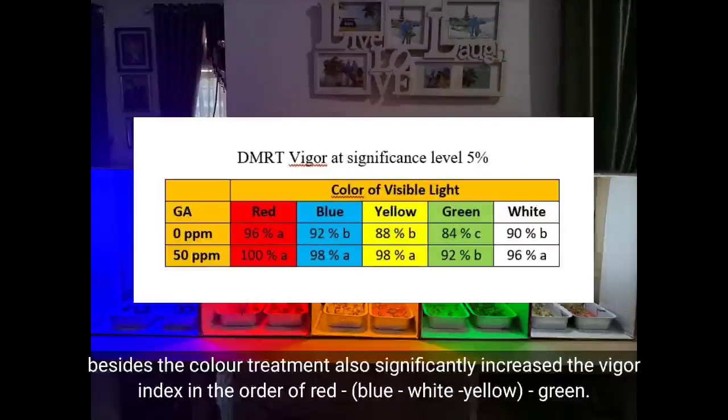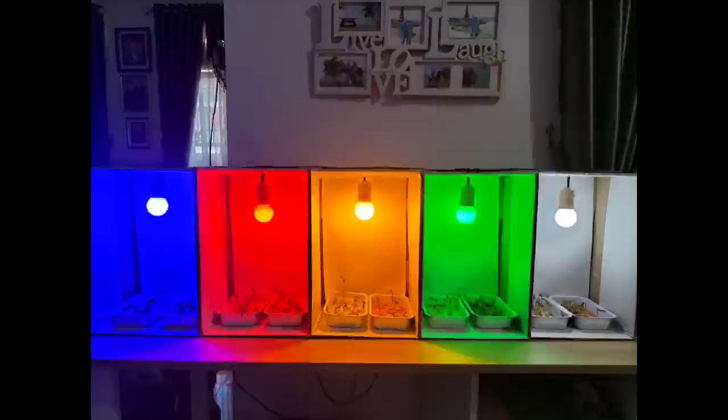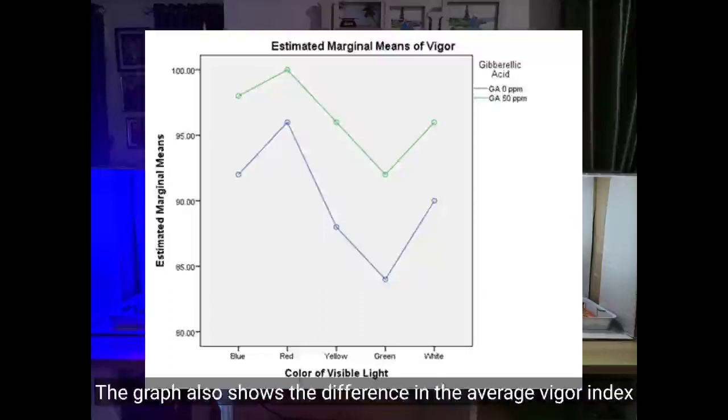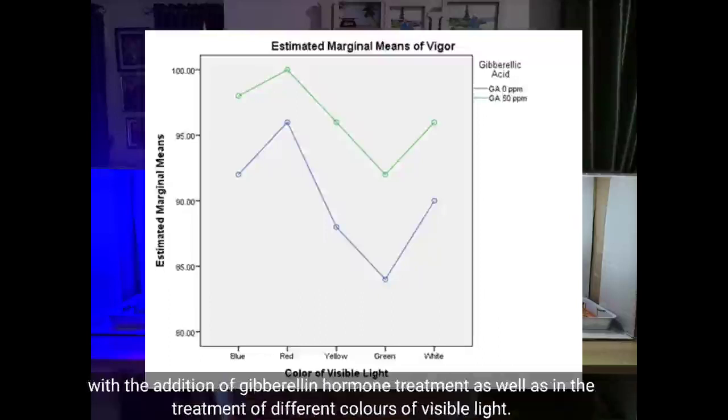Besides, the color treatment also significantly increased the figure index in the order of red, blue, white, yellow, and green. The graph also shows the differences in the average figure index with the addition of gibberellin hormone treatment as well as in the treatment of different colors of visible light.